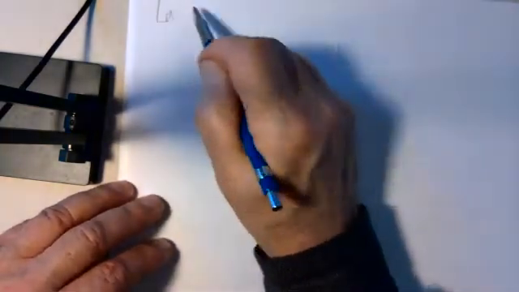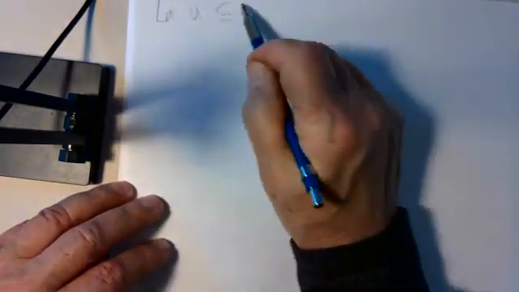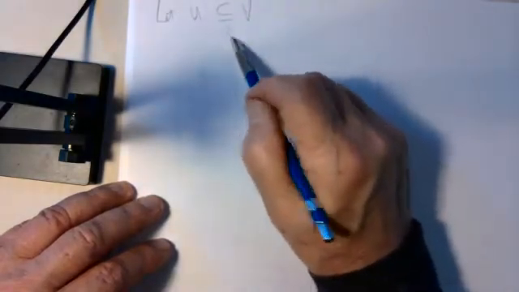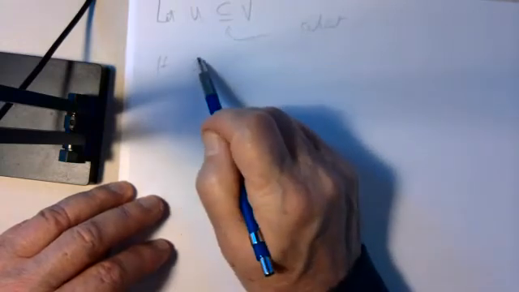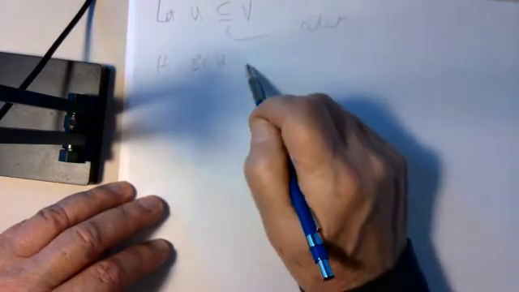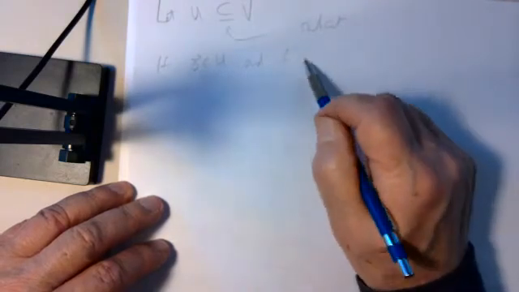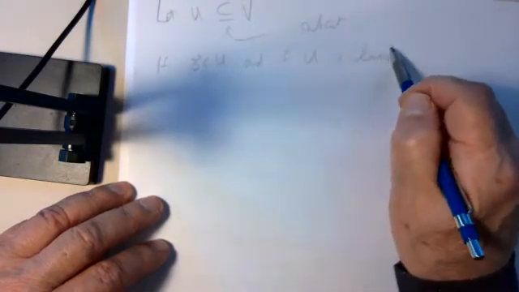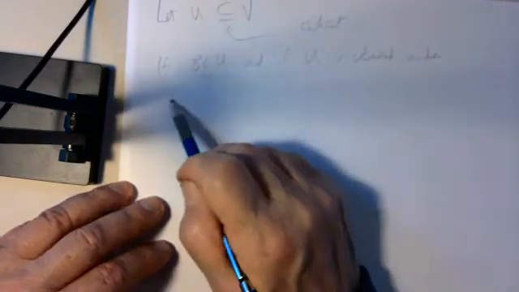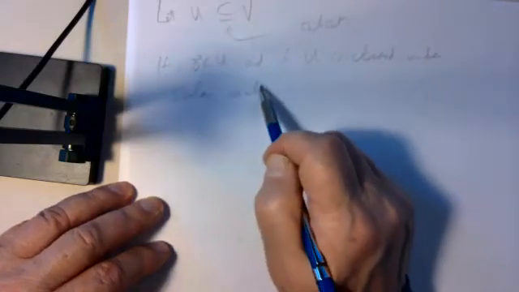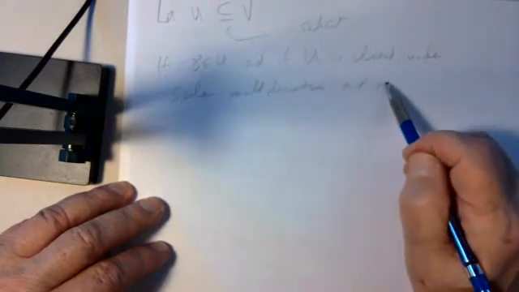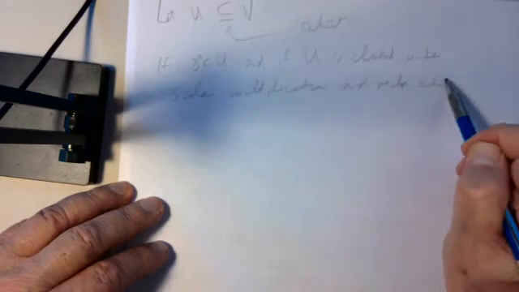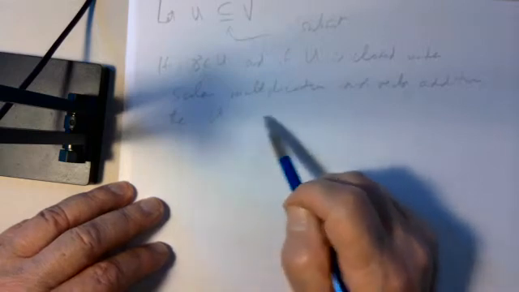So let U be a subset of V. So this notation means subset. If 0 is in U, and if U is closed under scalar multiplication and vector addition, then U is a subspace.